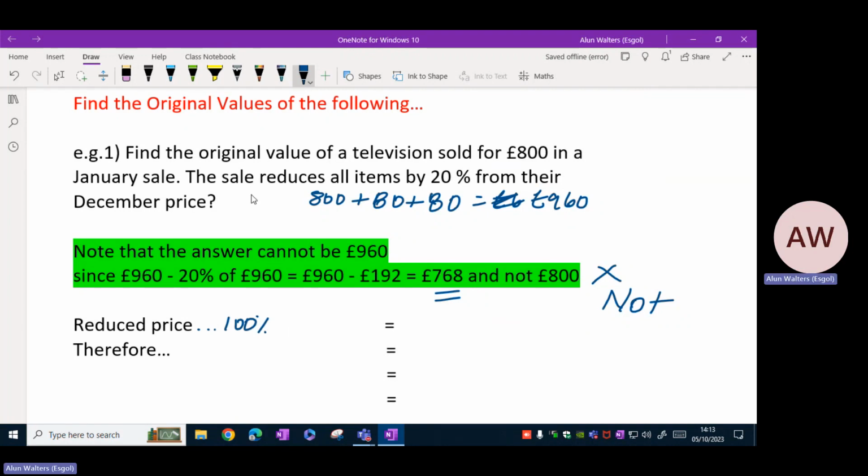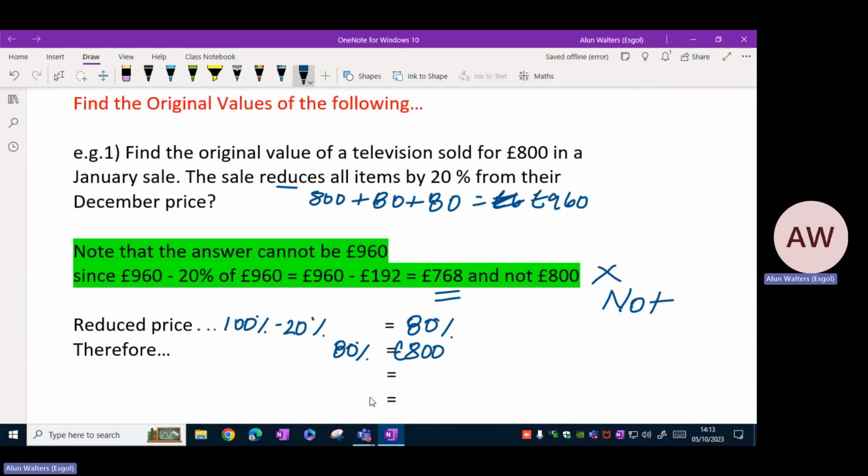We are reducing it by 20%. So what we have in front of us is 80%. So I wish to make the statement, therefore, 80% is worth £800.